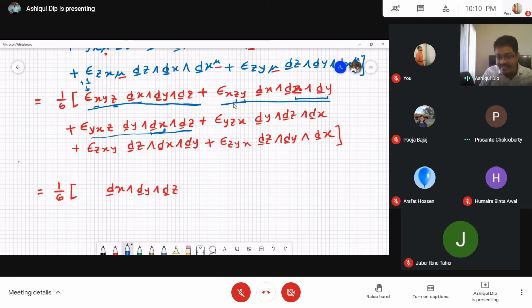That gives you a minus sign, and that minus sign is absorbed by switching xy to yx over there, and you get the upper one, right? We get the same term. So this is just dx wedge dy wedge dz.